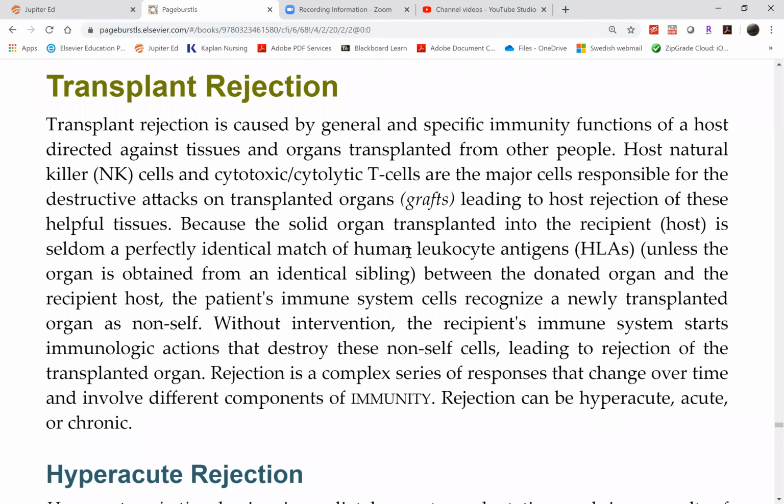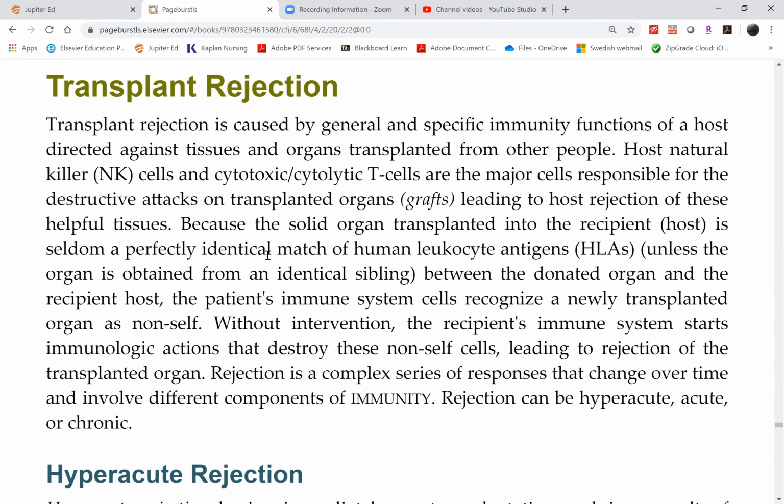So we can transplant almost everything, almost, okay? Blood transfusion is actually a living transplant. Okay, that's an example of a transplant. So we're using another person's organ to donate into somebody who doesn't have that functioning organ anymore.